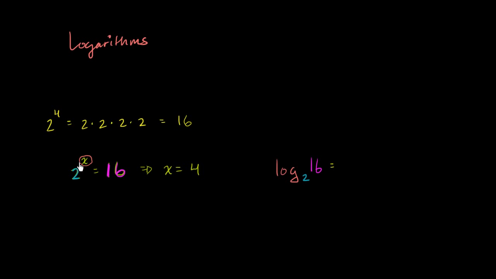Or, in this case, since we have the x there, is equal to x. This and this are completely equivalent statements. This is saying, if I take 2 to some x power, I get 16. This is saying, what power do I need to raise 2 to to get 16? And I'm going to set that to be equal to x. And you would say, well, you've got to raise it to the 4th power. Once again, x is equal to 4.